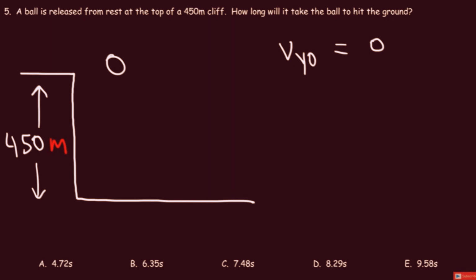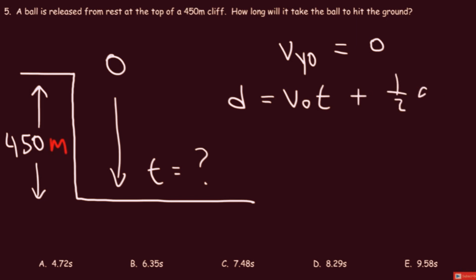How long will it take for it to hit the ground? What equation should we use? We can use this equation: the displacement is equal to v initial t plus one half a t squared. Now we are dealing with the vertical displacement, so we need to use the initial vertical speed and the acceleration in the y direction.